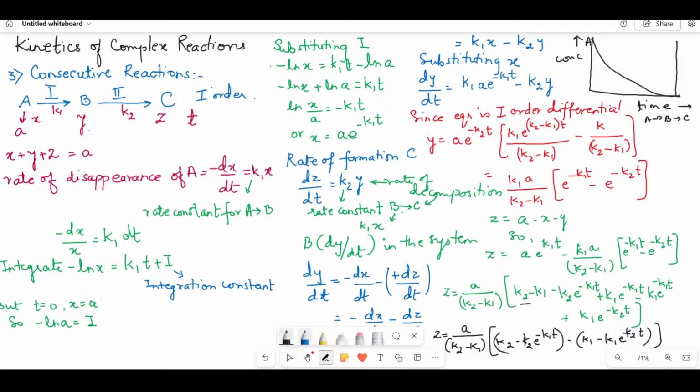Then next, plot of B, concentration of B, because it will form products. B is a product of A. So the concentration will increase, and then again it will reduce. Initially, B is a product, so the concentration will increase initially and then slowly it will decrease.